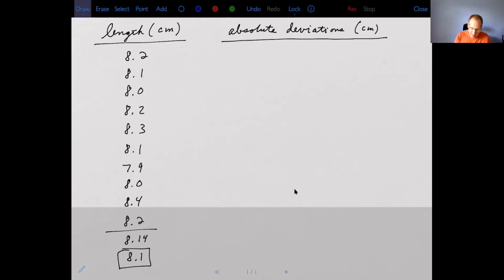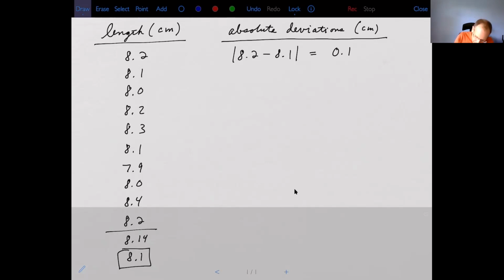So in other words, my first data value is 8.2, right? So if I want to find the absolute deviation, then I need to do 8.2 minus the mean, which is 8.1, absolute value. So 8.2 minus 8.1 is 0.1, and then absolute value 0.1 is going to be 0.1.